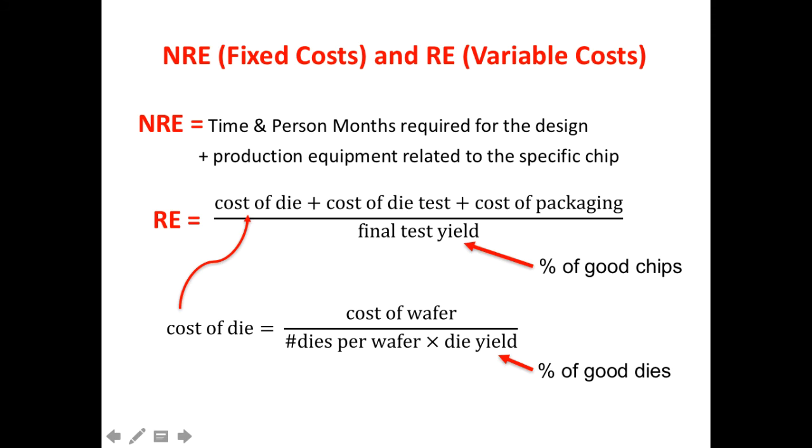Again, this number, which is at the denominator, the number of dies per wafer, actually is the factor that has pushed in the last few years towards an increase of the diameter of the wafer. Okay.